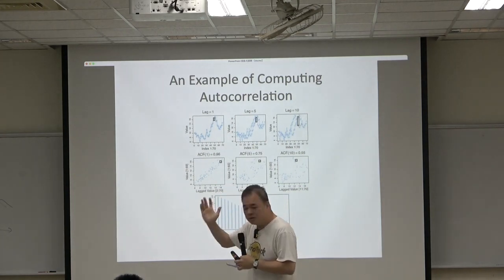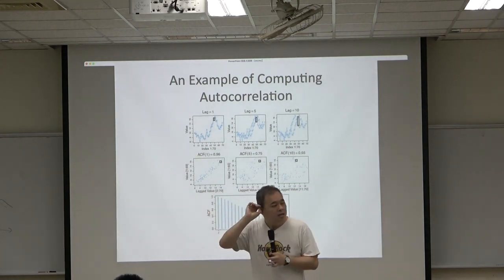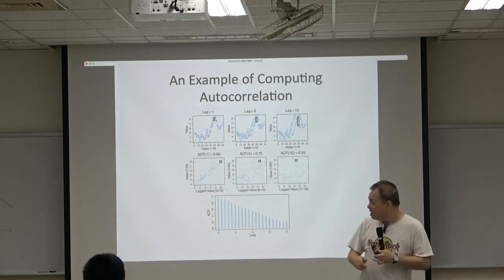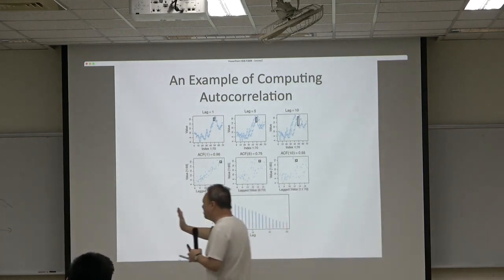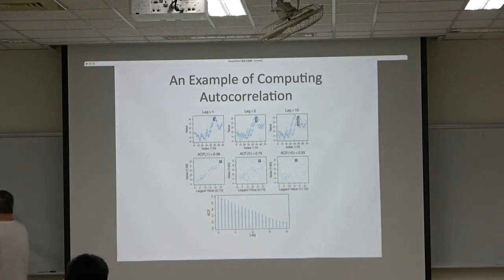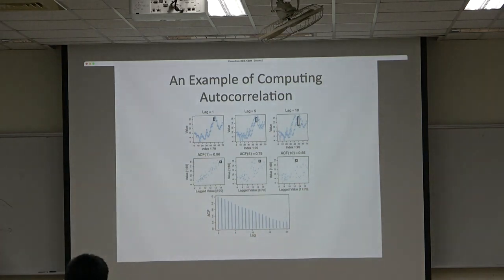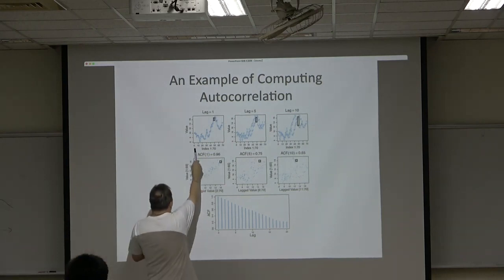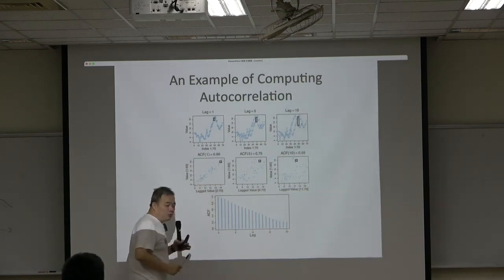So if you move this one step to the left, then your k value is 1, and for example in this example, your ACF1 is 0.96.